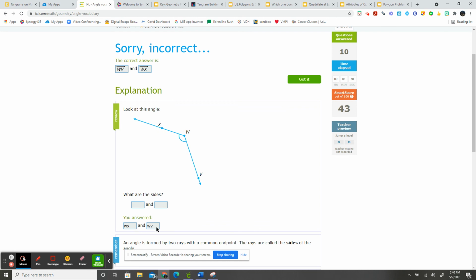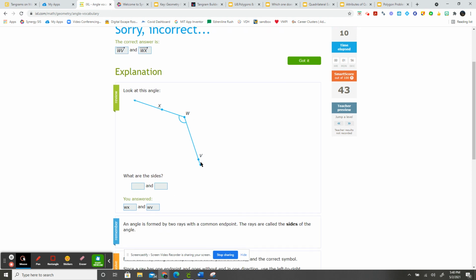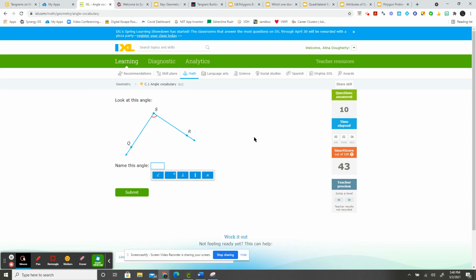WX and WV. That's a little maddening that they wanted the WV first and the WX second. I feel like that should not matter which way we do it. Or maybe I just didn't put the symbols in there. There was a symbols option.